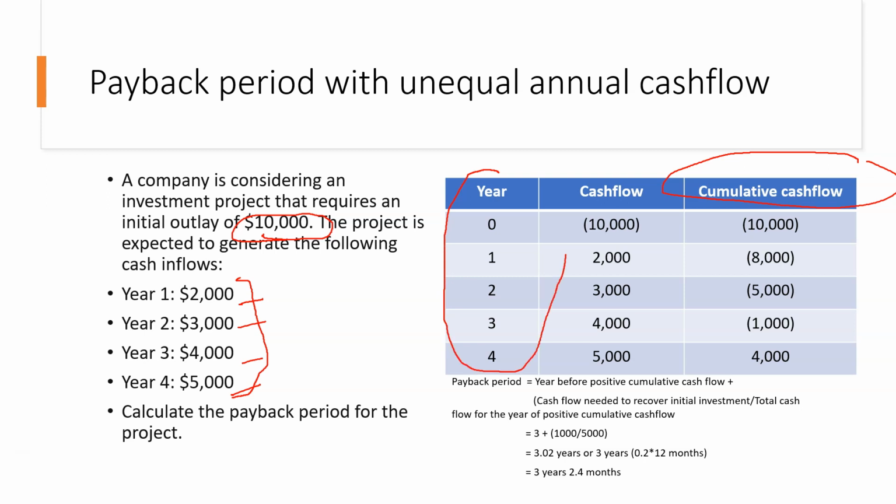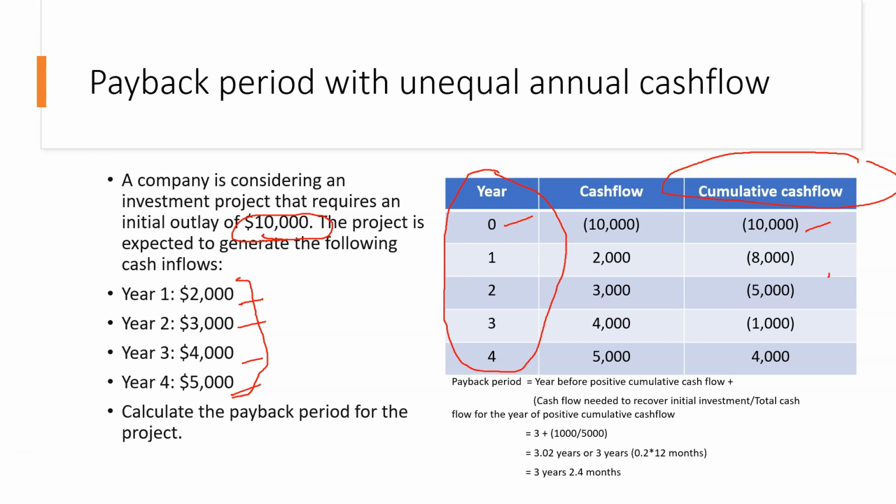So you create a table. At the beginning, you write down the number of years. You start with 0, which is the current year at the time where you are investing $10,000 in this project. So at the end of the current period, you will have a cash outflow of 10,000.